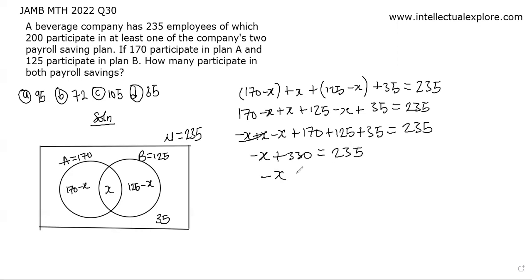So minus x will now be equal to 235 minus 330. So minus x will be equal to minus 95.